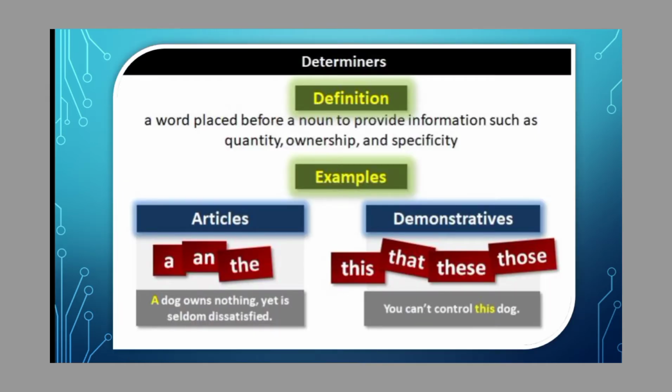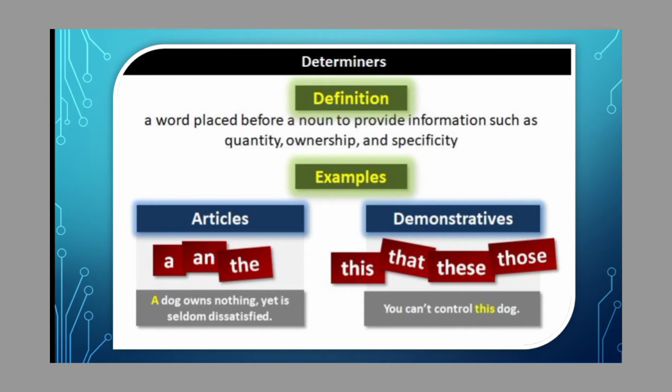First, again here is the definition. As I said earlier, determiners are words which are placed before a noun to provide information such as quantity, ownership, and specificity. So quantity means how many, as I said, 1 or 2 or 3, some, few, a little, like that.